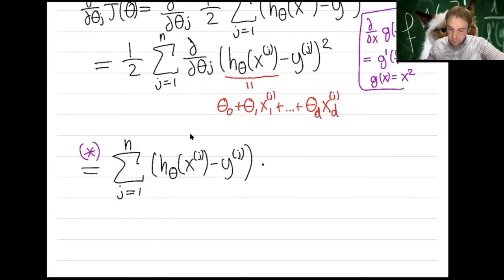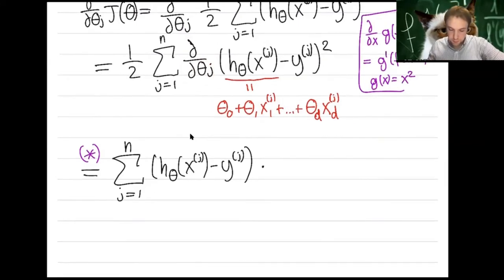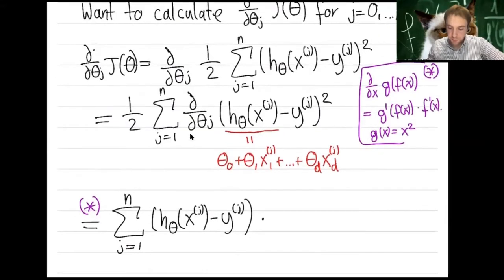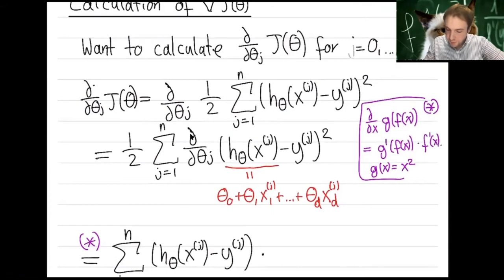sorry, I want to use an i here. Because here in the sum I use j, sorry. So I want to take the derivative with respect to theta i, sorry.